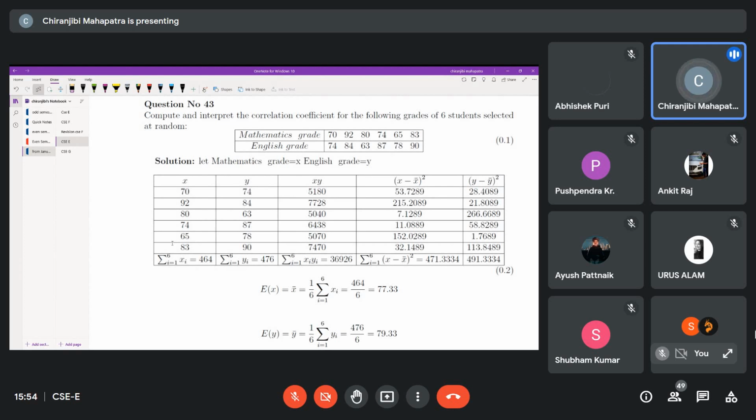So रिग्रेशन हो या तुम्हारा कोरिलेशन हो, यहाँ पे दो वेरिएबल्स के बीच में हमें रिलेशनशिप चेक करना होता है. So देख लो इसको, सिर्फ फॉर्मूला बेस्ड है and you have to use the formula and accordingly you have to solve it. If you have any issue then you can ask me.